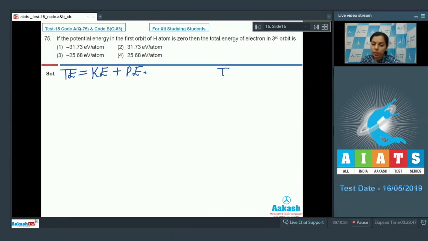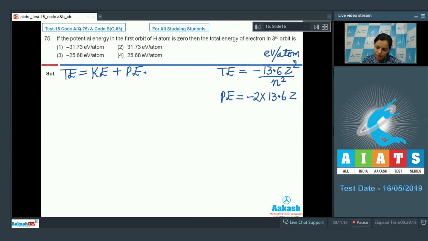Now the formula for the total energy, I just want to tell you, that is equal to minus 13.6 z square by n square, in electron volt per atom, the unit that we should use. Now potential energy is equal to minus 2 into 13.6 z square by n square.